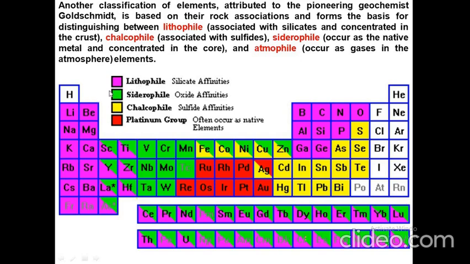So these are the lithophile elements, and siderophile elements. The yellow color shows the chalcophile elements having sulfide affinity, and the platinum group often occurs as native elements. Here in the white boxes, these are called atmophile elements.